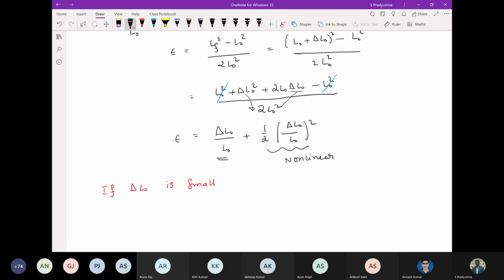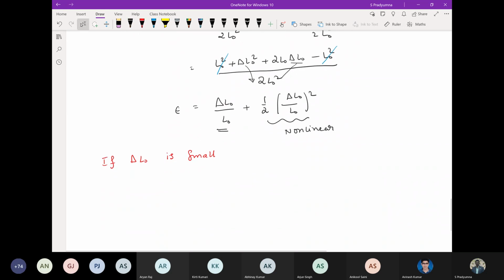Then what happens to delta L0 square? It is negligible. Therefore, I can consider epsilon is equal to delta L0 by L0. That is what we call engineering strain.